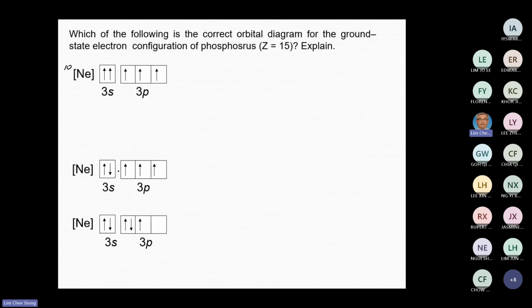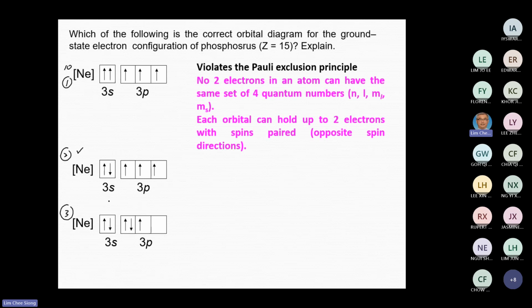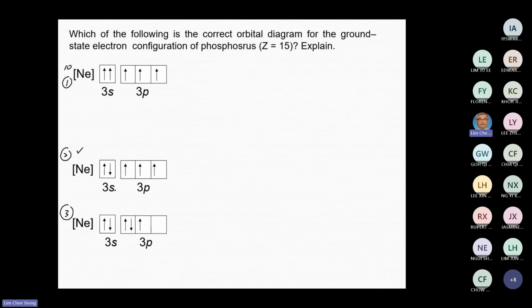So tell me which one is correct? The second one. Set 1, set 2, and set 3. Some students say set 2 is correct. Any objection? Set 2 is correct. Okay, correct. Just write down correct.